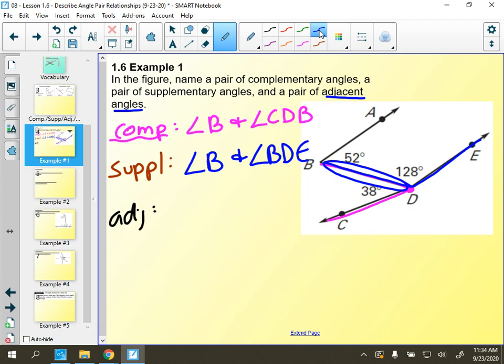So I end up with angle BDC and angle BDE as adjacent. So there's a good illustration of how I might check your understanding of the vocab. Good example. Next one.